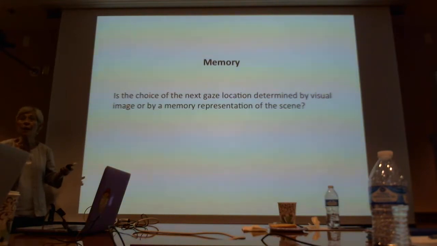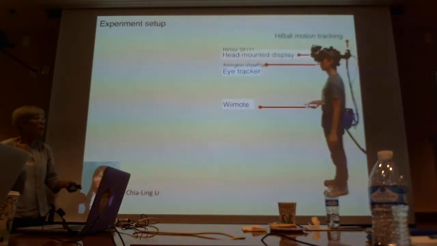But if you look at natural vision, it's very different. You look where you want to look, and a lot of the time this is based on some kind of memory representation of the scene, and then you gather that extra little additional bit of information that you need when you need it.